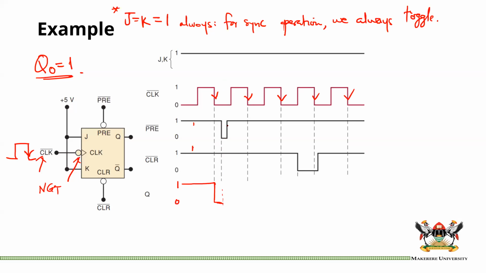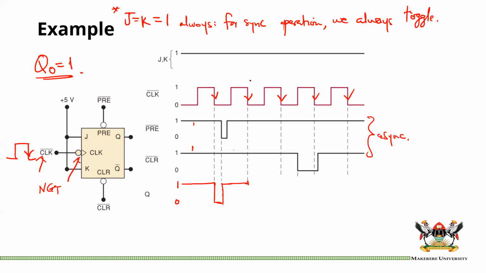In other words, this is an asynchronous input, and so it will override all other inputs, meaning we actually preset, we go to a 1. And when it goes back to 1, we remain in 1, obviously, until the next NGT.